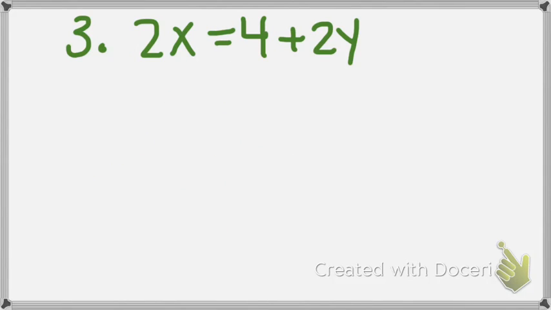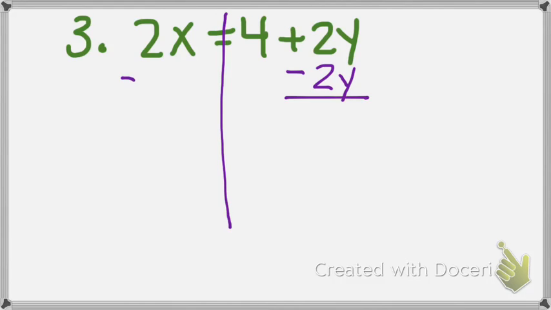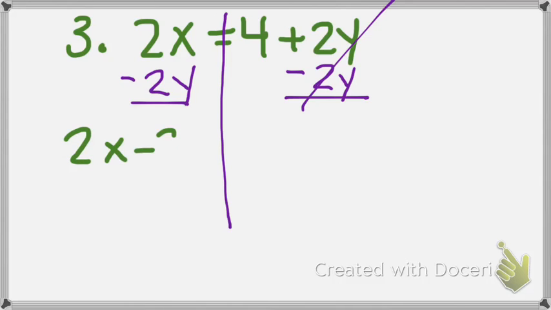Number 3. 2x equals 4 plus 2y. I need the y to be on the left side, so this time we'll subtract 2y from both sides. Remember, x needs to come first, so 2x minus 2y equals 4.